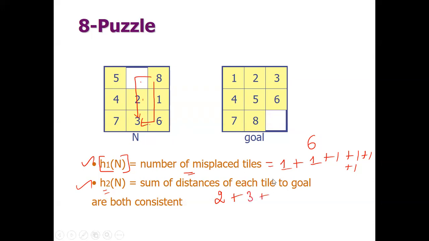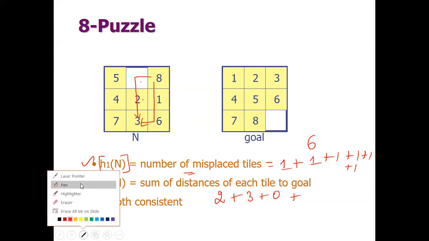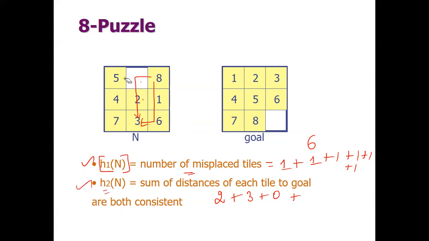Right. 4 is in its correct position, so it is 0 plus 2. 2 is away from its goal location by just 1 position. So if 2 is moved there, it will be in its respective position. So it is just 1.